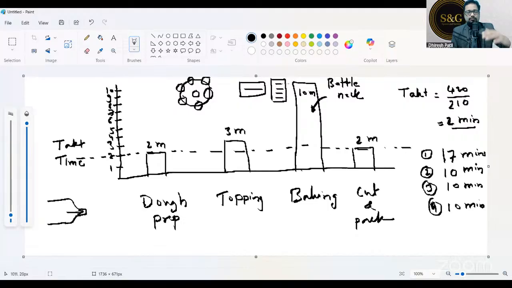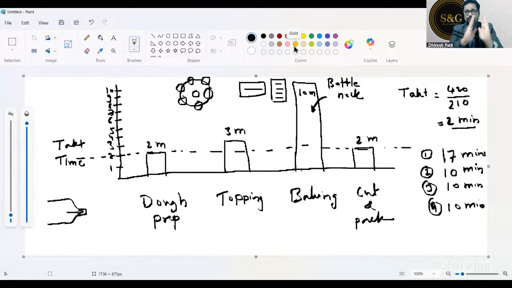You can store maybe 5 pizzas, one above another, or you can put in an additional oven so that the effective process cycle time of the baking improves. Every pizza will require 10 minutes, right? So you should have at least 10 slots, one above another.